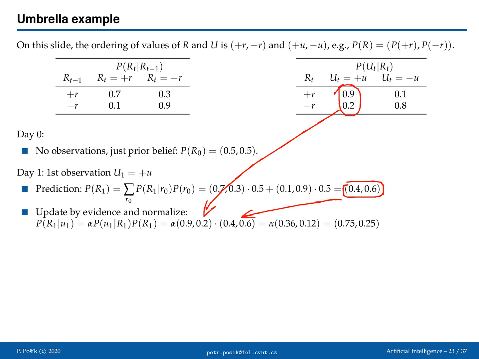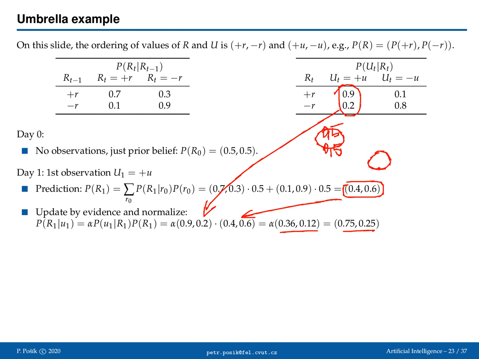I will multiply these vectors to get this pair, and after renormalizing such that the sum of them is equal to 1, I will get a new estimate of the probability of the hidden states. So we were in the situation where our distribution was 0.5, 0.5.